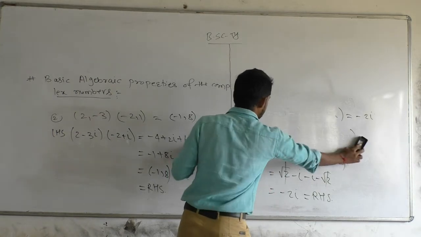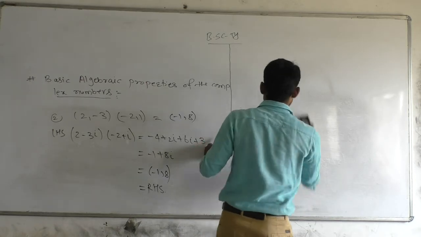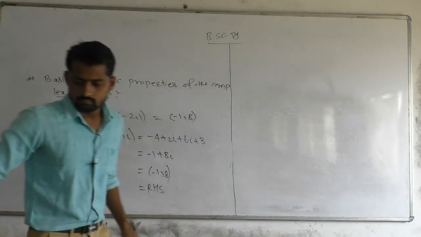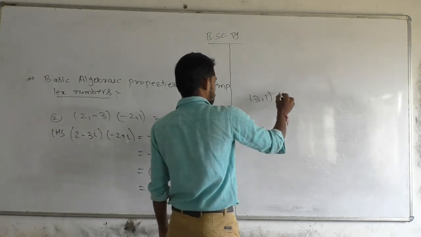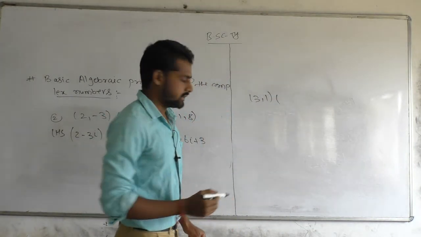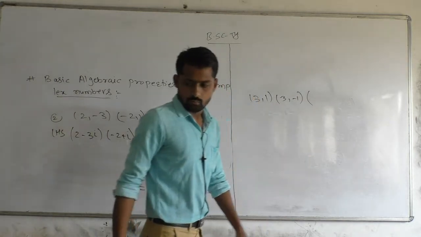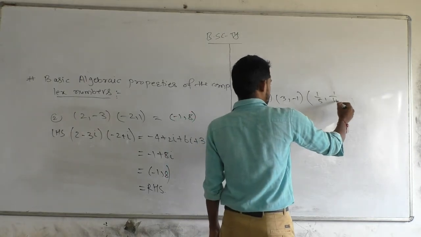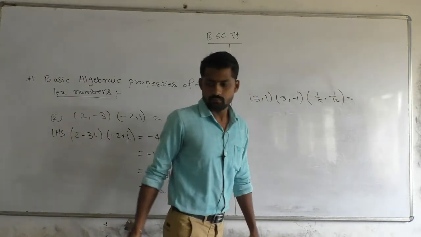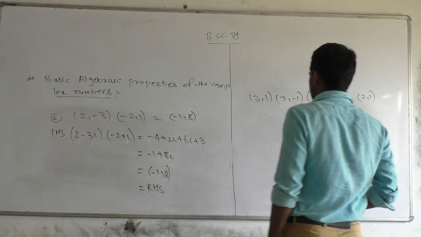Now third example. (3, 1) times (minus 3, minus 1), three complex numbers are given, times (1 by 5, 1 by 10) is equal to (2, 1).